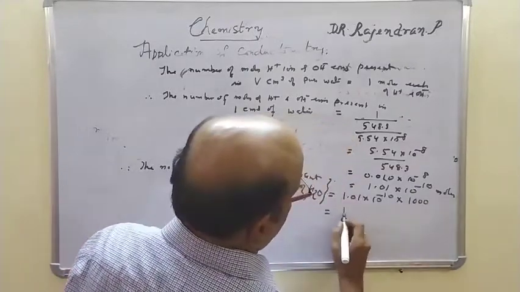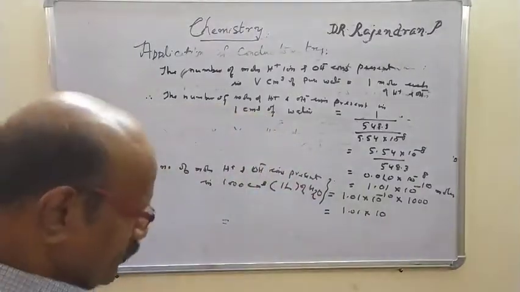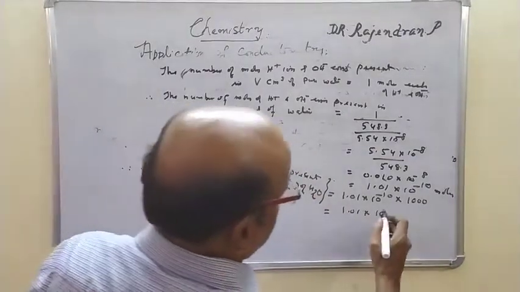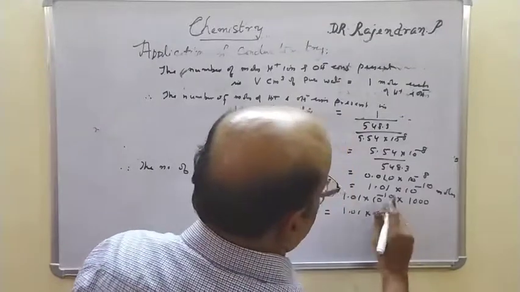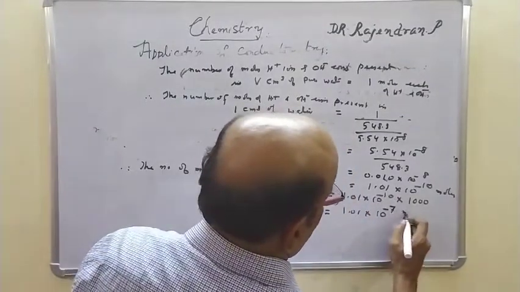That is equal to 1.01 into 10 to the power of minus 7. This is 10 raised to minus 10 into 10 cube, that is raised to minus 7 moles.